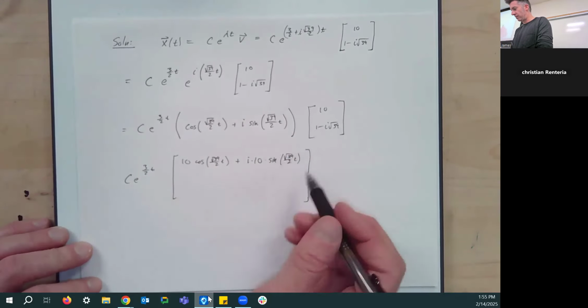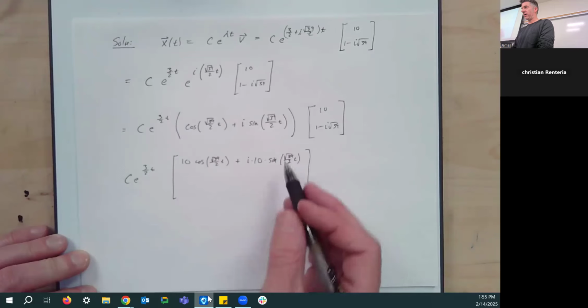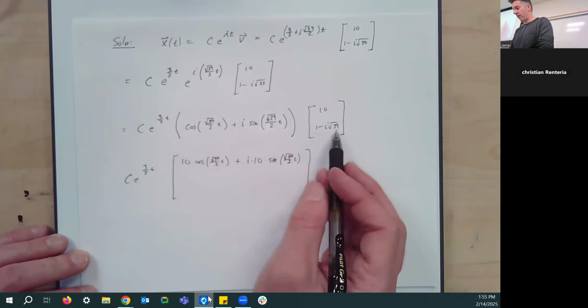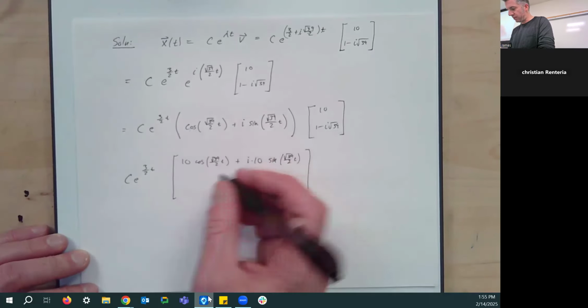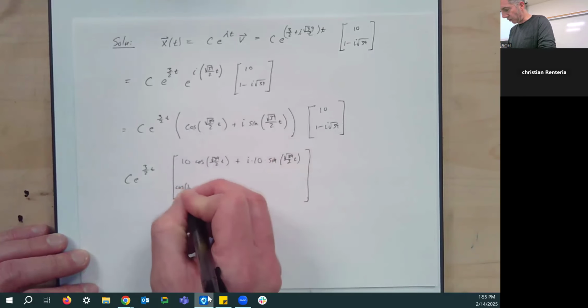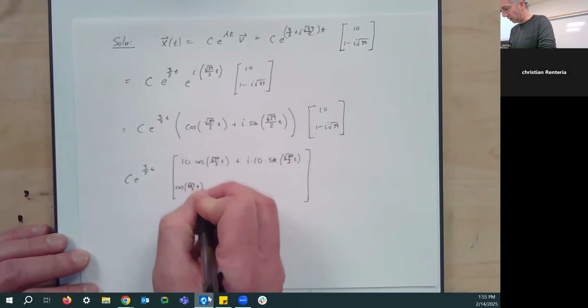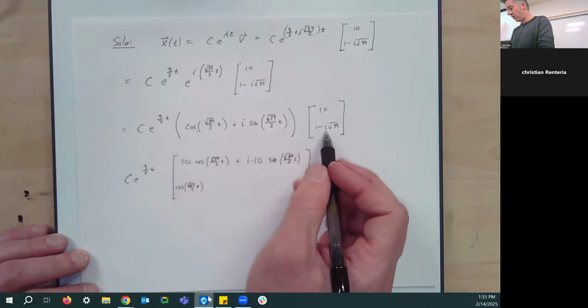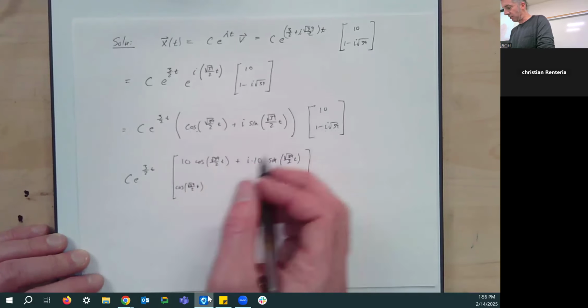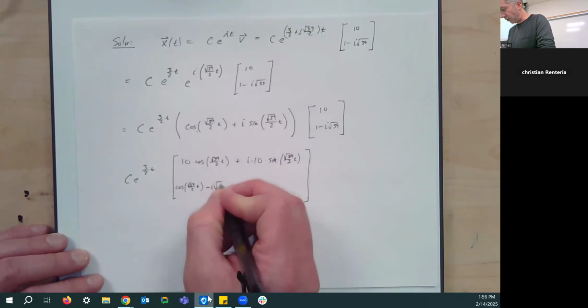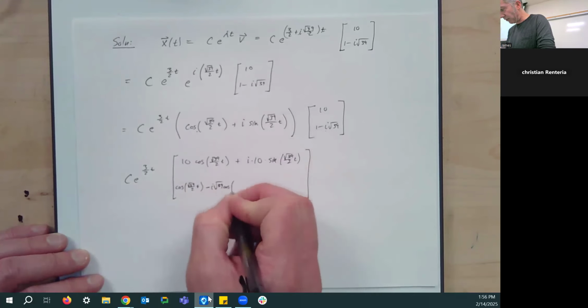So in the second part, and I shot myself in the foot here by closing my bracket too soon, but multiplying the second part, I'm going to have cosine times 1, so cosine of root 39 over 2 times t. And then cosine times negative i root 39. So it's going to be minus i root 39 cosine of the same thing.